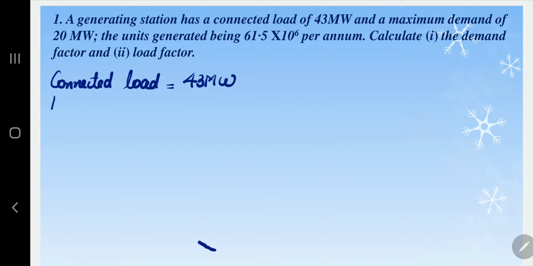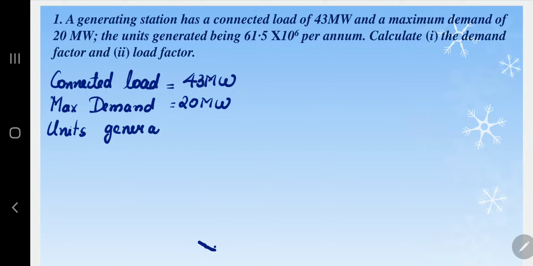Secondly, the maximum demand is equal to 20 megawatt. The units generated is equal to 61.5 into 10 raised to 6 per annum.